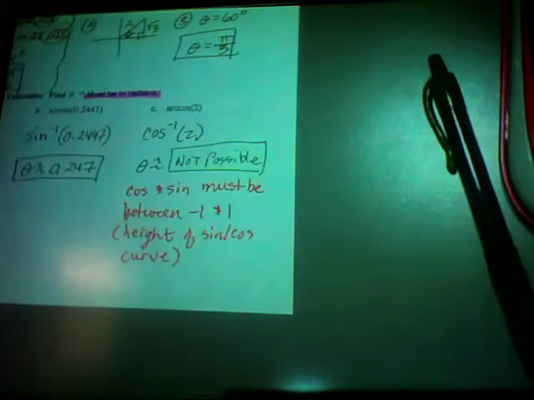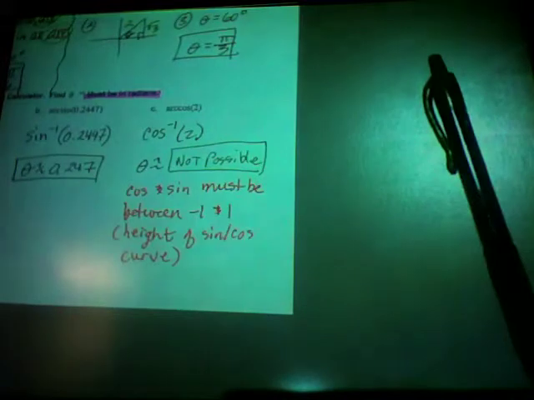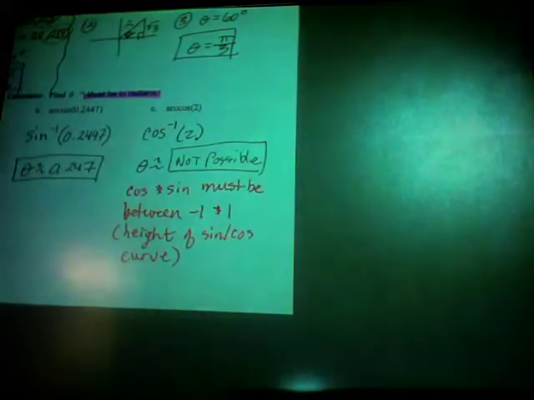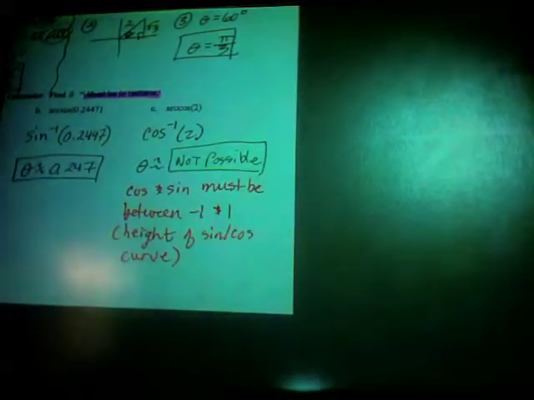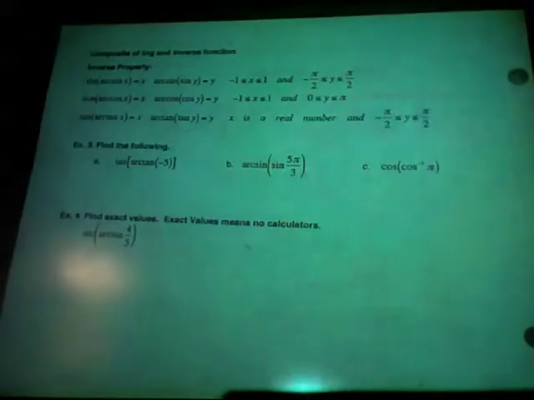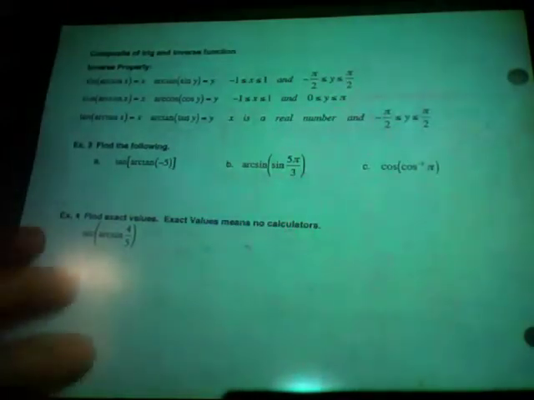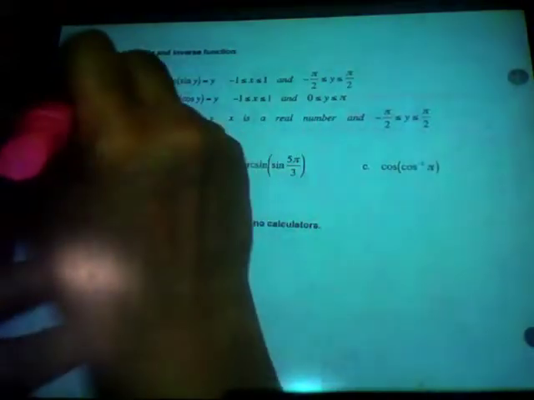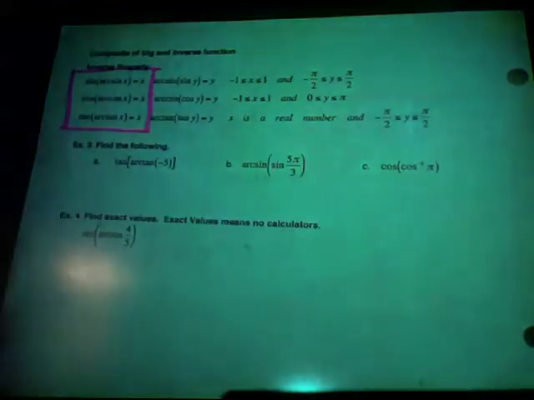So then flip it to the back. This is where a highlighter would be handy because Mr. Gleason, bless his little heart, summarized everything we just talked about right back here. Remember I was talking about if you put the inverse into the regular function, you get the value of x?